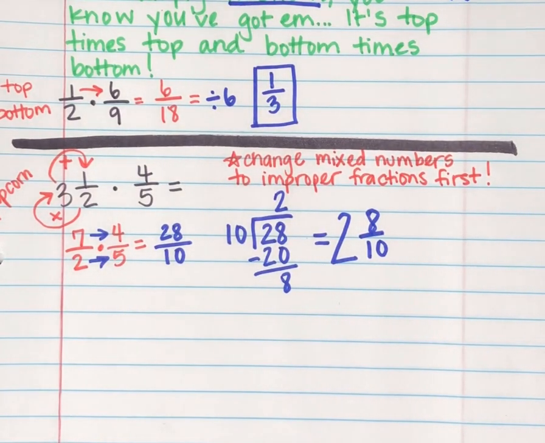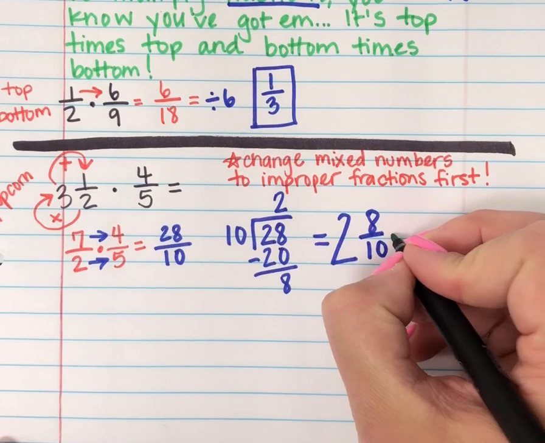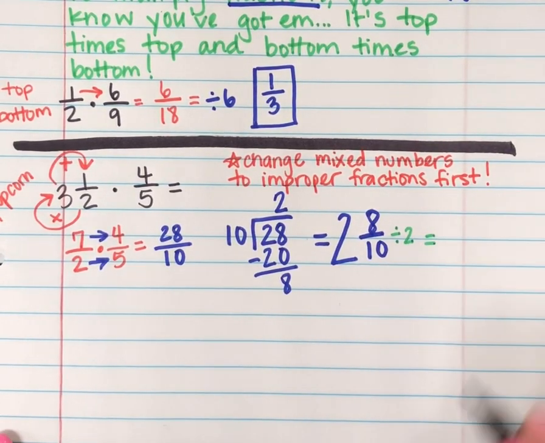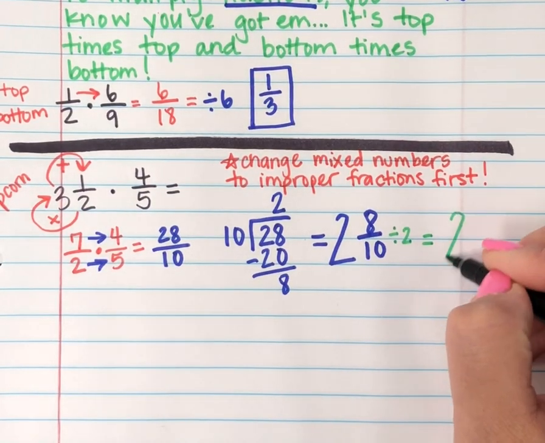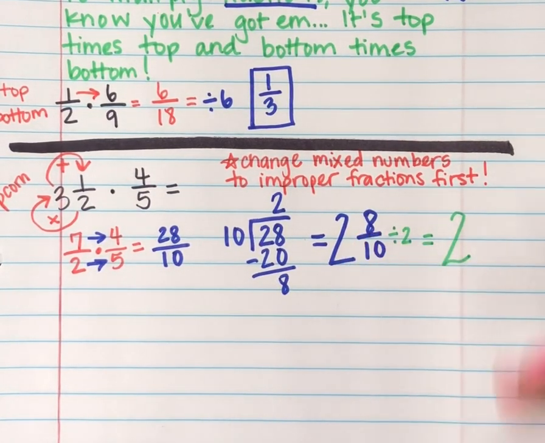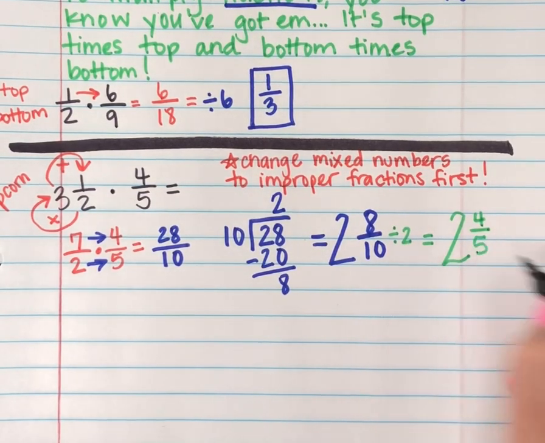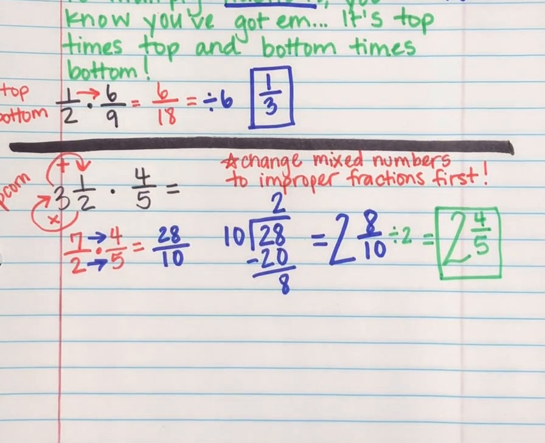2 and 8/10, unfortunately, is still not completely simplified because 8 and 10 have some common factors, right? So 8 and 10, I can divide both of those by 2. So my final answer is going to be 2, and 8 divided by 2 is 4, and 10 divided by 2 is 5. So 2 and 4/5.